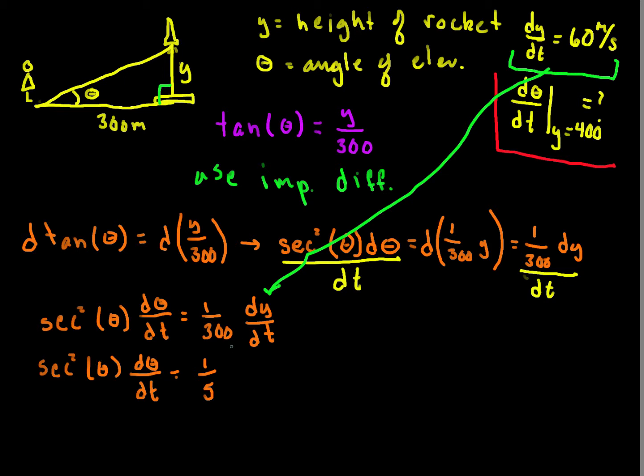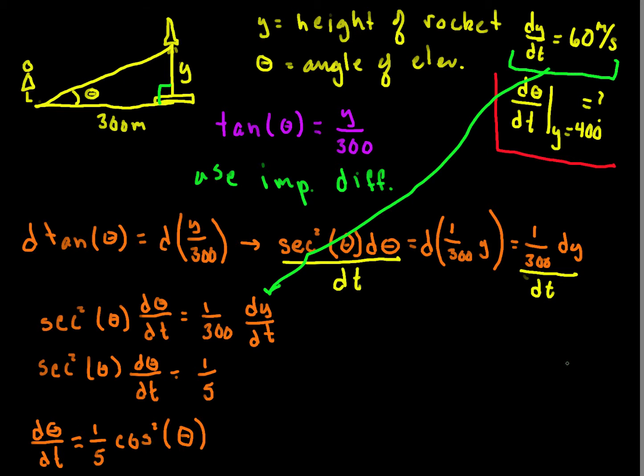Then using my trig identities, 1 over secant squared is just cosine squared. So I get that d theta dt is equal to 1/5 cosine squared of theta. So that's my relationship for d theta dt.